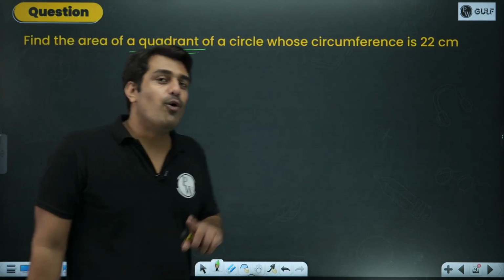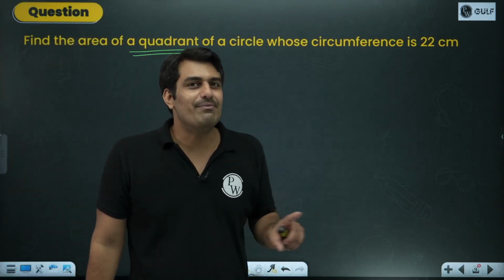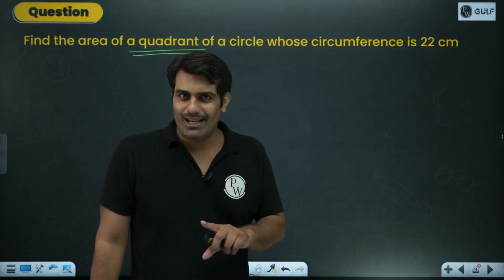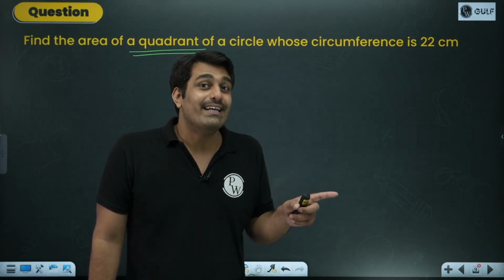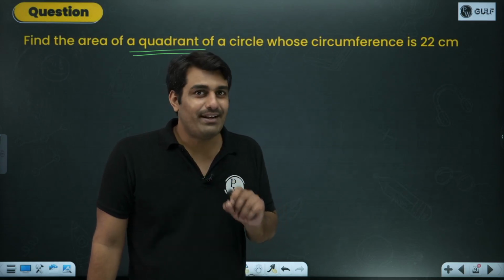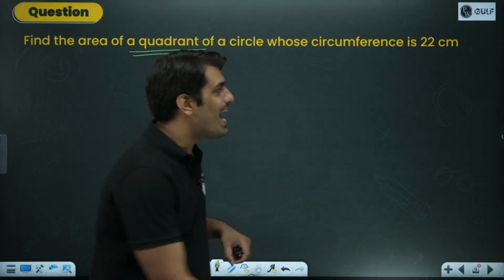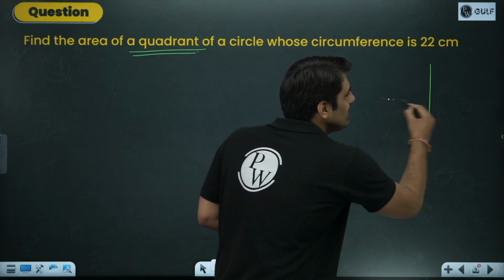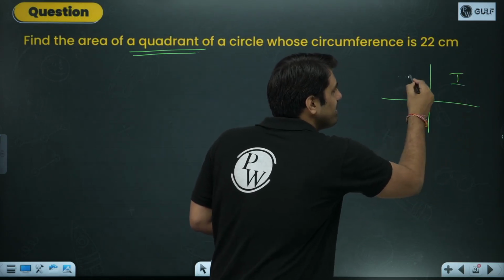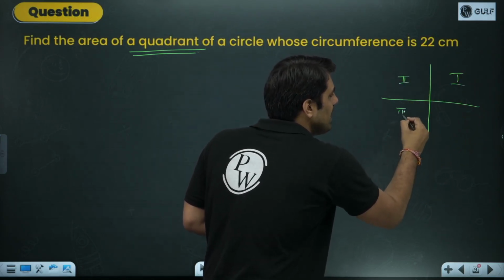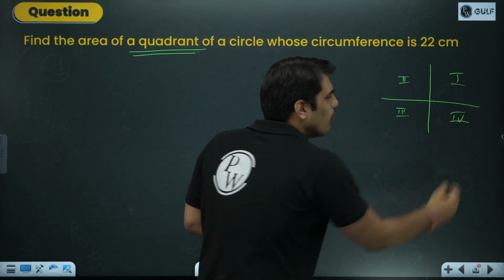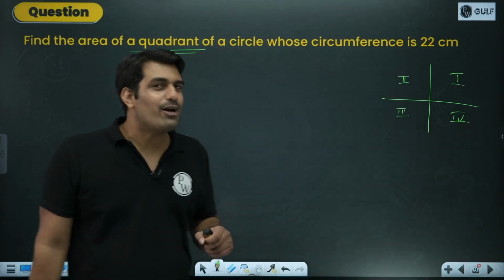Now, if you have no clue about quadrant, that means you haven't been revising the sessions. Well, I had taught you already coordinate geometry. In the case of coordinate geometry, we had quadrants, right? We had 4 quadrants: first quadrant, second quadrant, third quadrant and the fourth quadrant. What was exactly a quadrant?